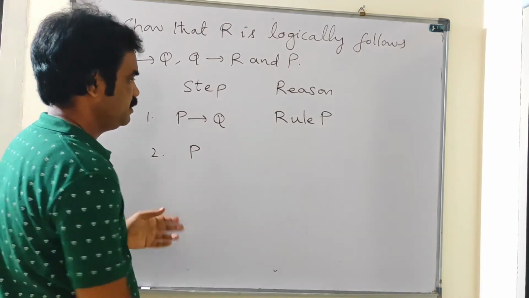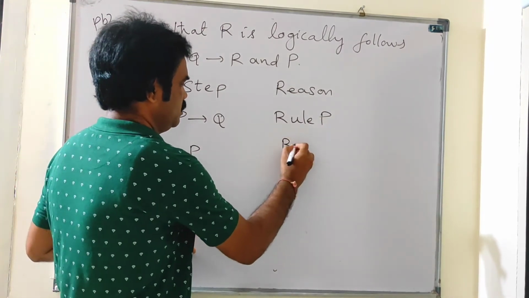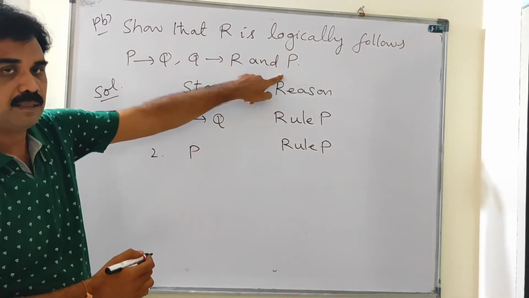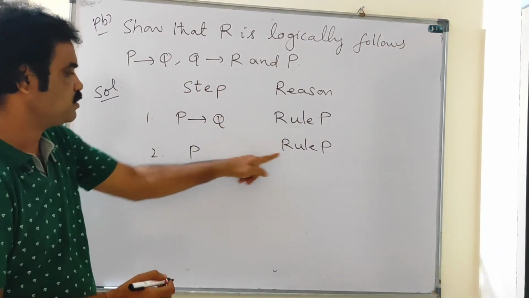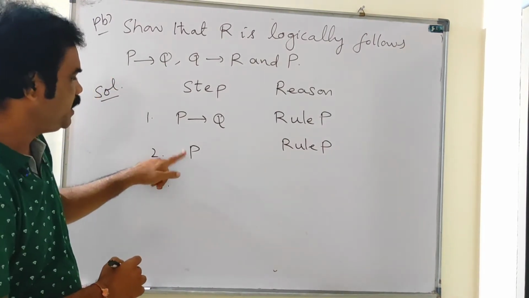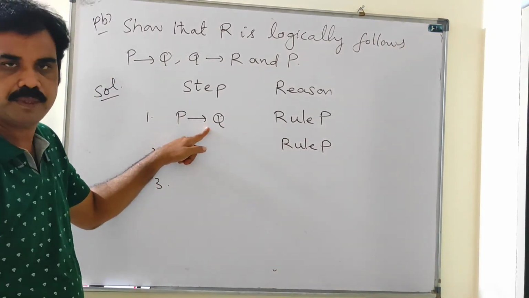P is also a premise. If you introduce a premise, that is rule P. Now using these two, P implies Q and P, we get Q by modus ponens.